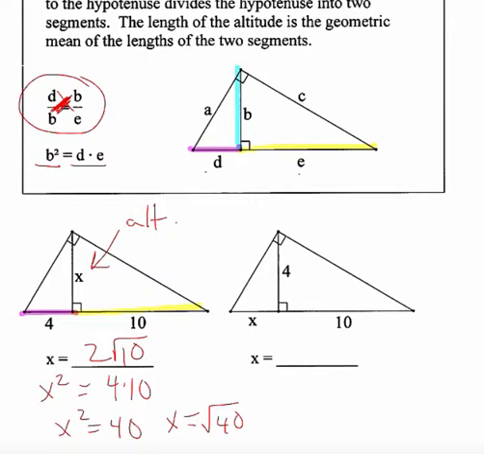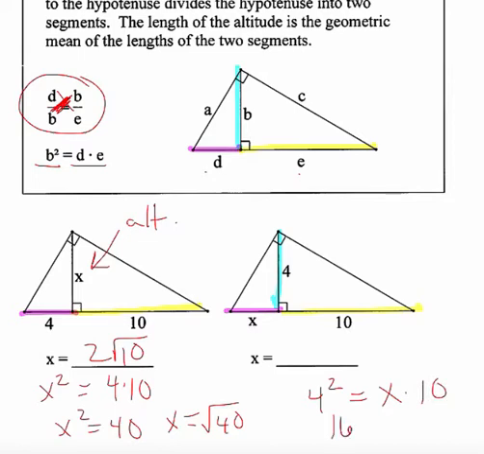So let's do the next example. Again, the two parts that are created by the altitude would be x and 10, and the altitude this time is 4. So don't always assume you're going to be squaring a variable. In this case, you're going to say the altitude squared, so 4 squared, should equal the two parts, x and 10, multiplied together.